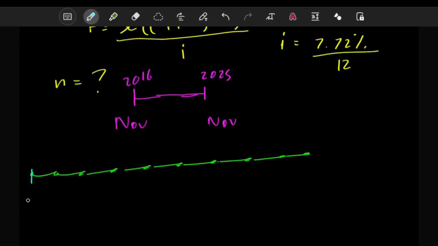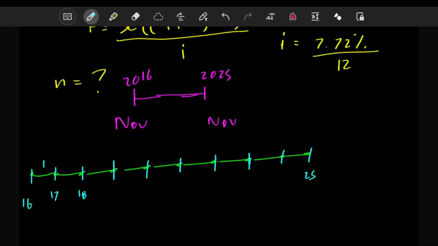From 2016, 2017 is a full year, 1, and then 18, 19, 20, 21, 22, 23, 24, 25. Yeah, it's definitely 9 full years, even though it's 10 years in total, because 2016 all the way to 2025 is 1, 2, 3, 4, 5, 6, 7, 8, 9, 10 years.